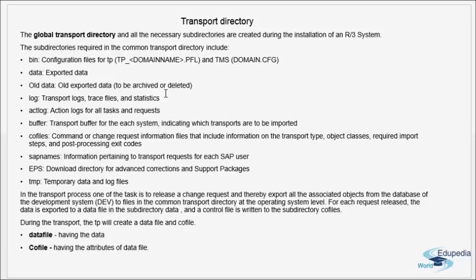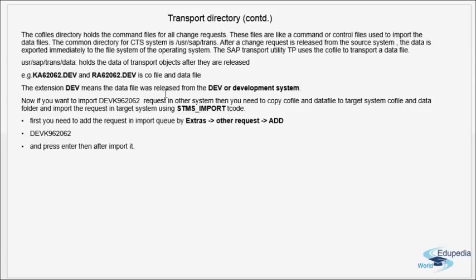These are all the subdirectories in the global transport directory. So this is about the transport directory contents and the files which a change request carries, that is the two files, the data file and the co-file.